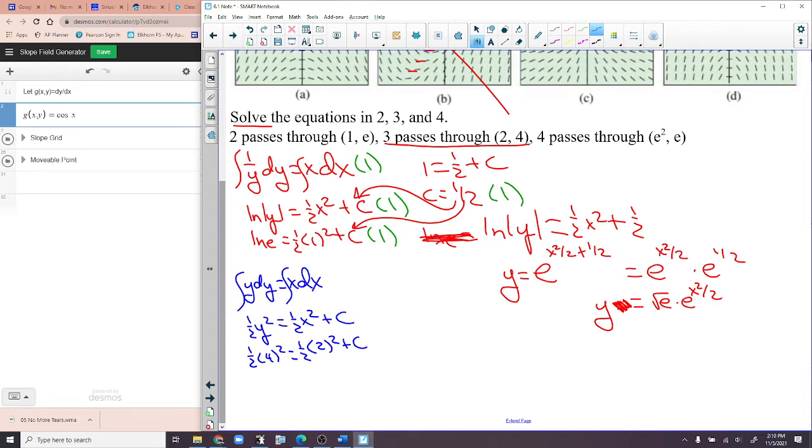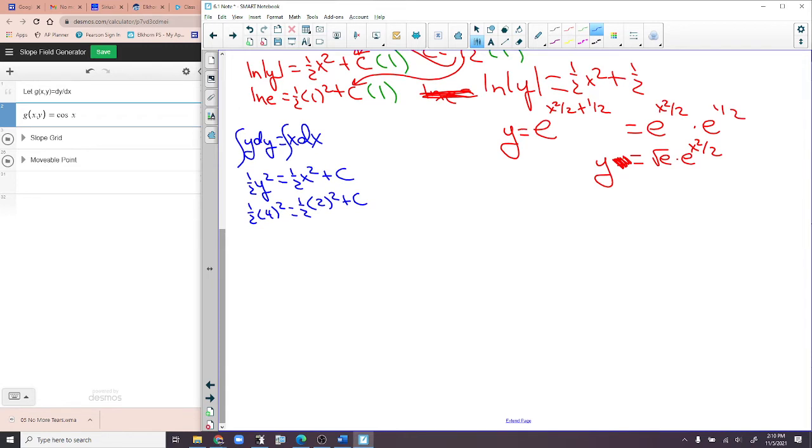We're all smart enough to do that in our head, but make sure you show it, please, so that you get that point that says uses point. 16 divided by 2 is 8. 4 divided by 2 is 2. So c is equal to 6. That's the fourth point, getting the correct c.